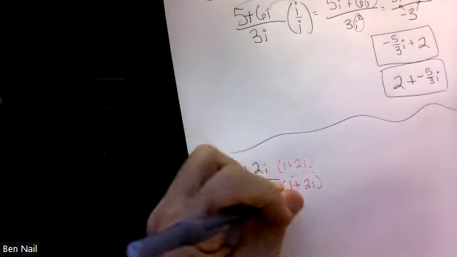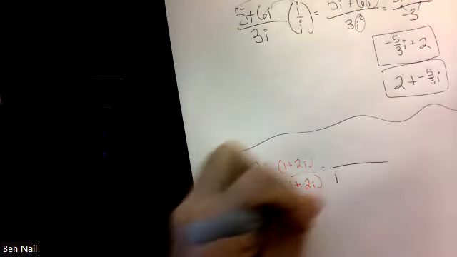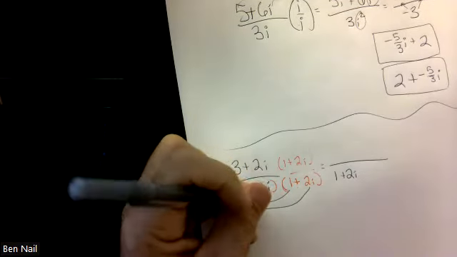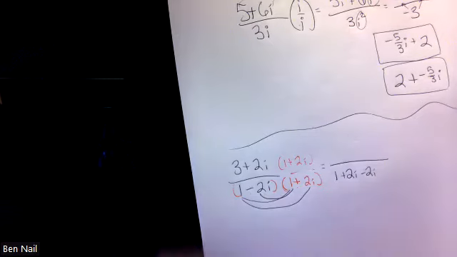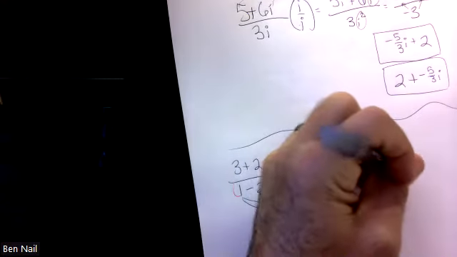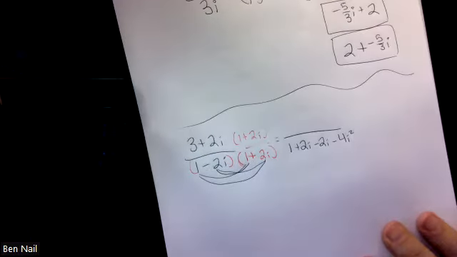So if we do this on the bottom, 1 times 1 is 1. 1 times 2i is 2i. -2i times 1 is a -2i. -2i times +2i is a -4i squared.